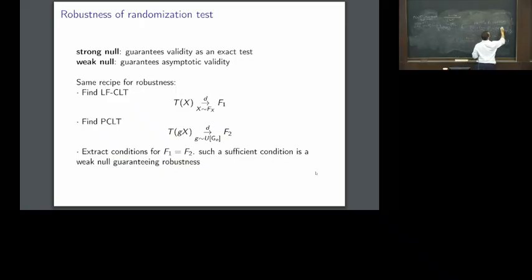Typically, that's going to be some other normal with some variance, and these are going to be equal if the variances match. So I need conditions that deliver this. The idea is that I want to find a weak null that delivers this validity.